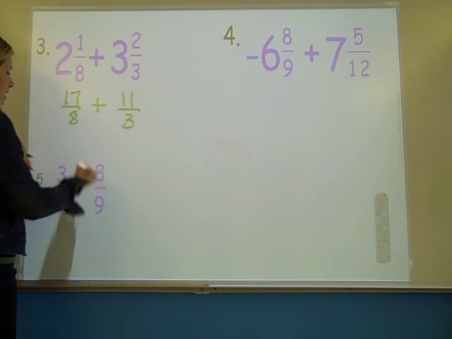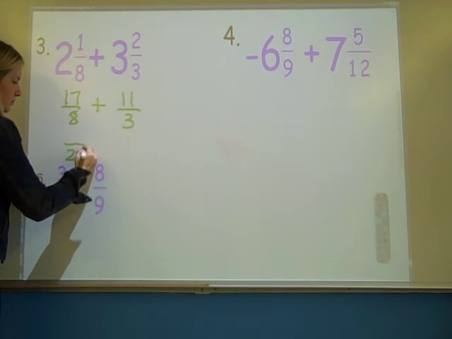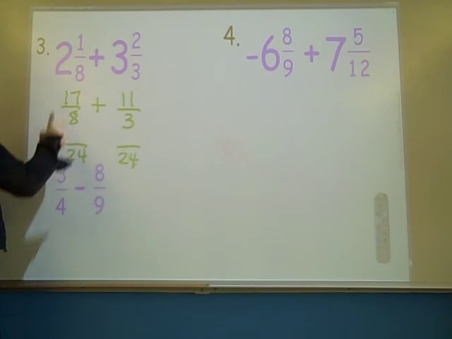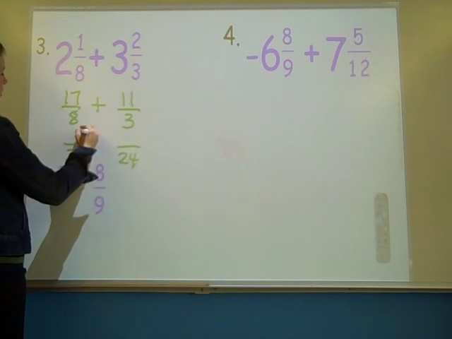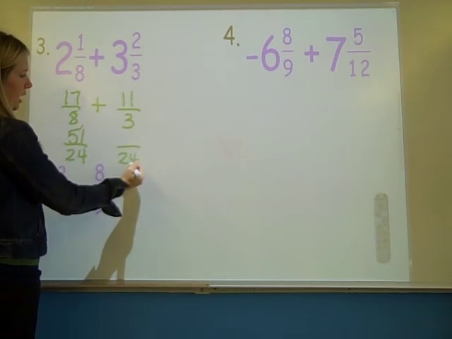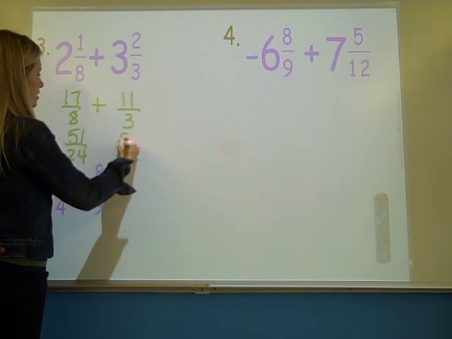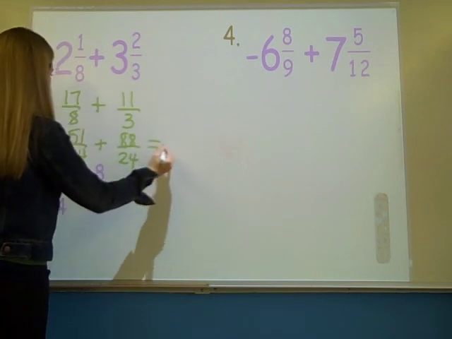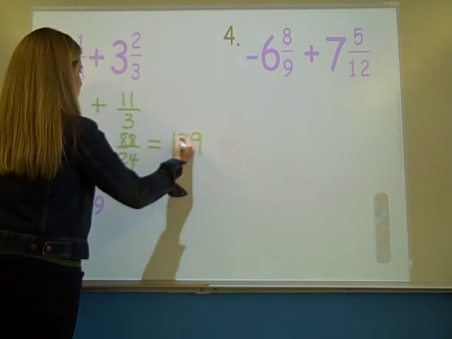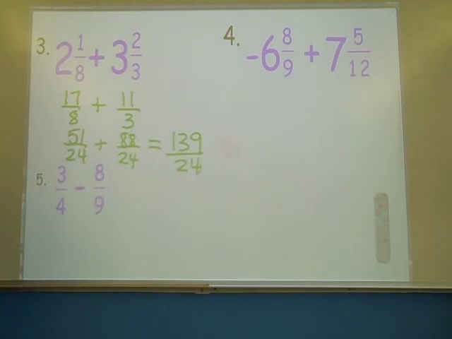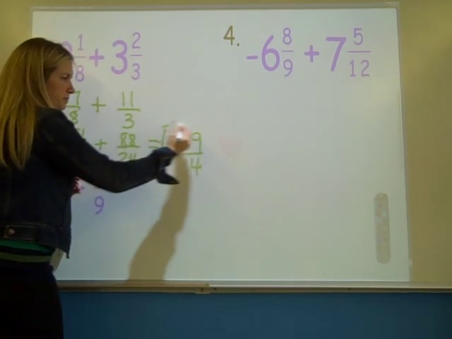Okay, make them have common denominators. 24 would be your common denominator. 8 times 3 is 24. 17 times 3 is 51. 3 times 8 is 24. 8 times 11 is 88. And you can add 51 plus 88: 139 over 24, and that could be your answer.